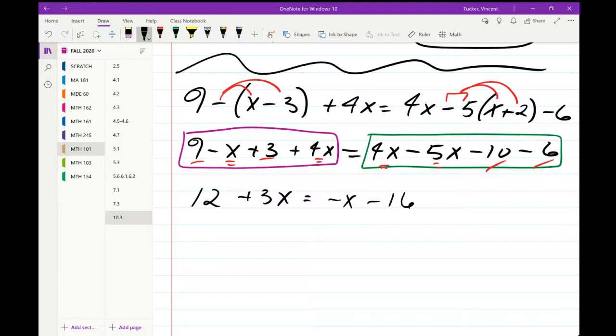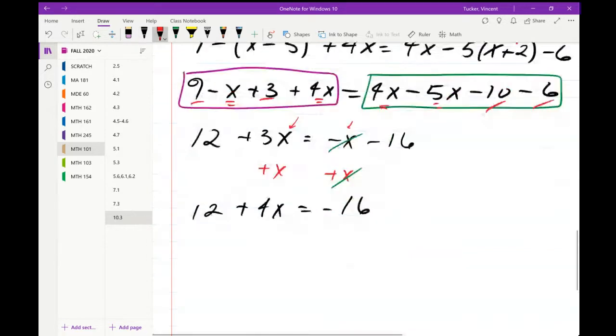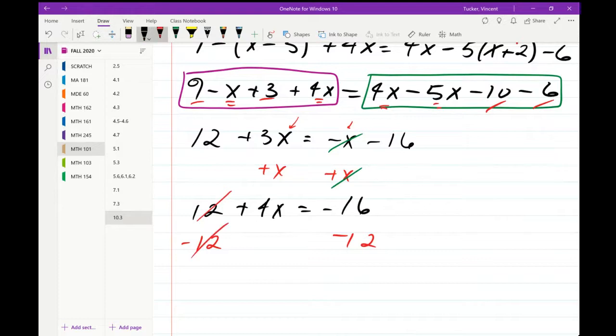All right. So now, once again, I have variables on both sides of my equation. So I just need to decide which one I want to move first. Take that to the other side. So that's 12 plus 4x equal to negative 16. Subtract 12. 4x is equal to negative 48.